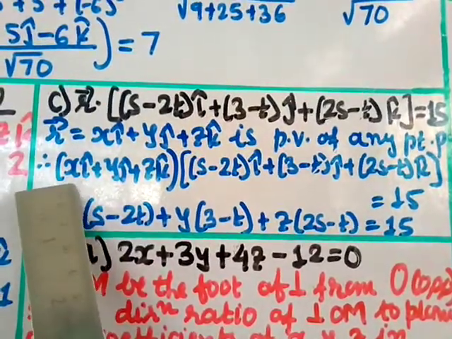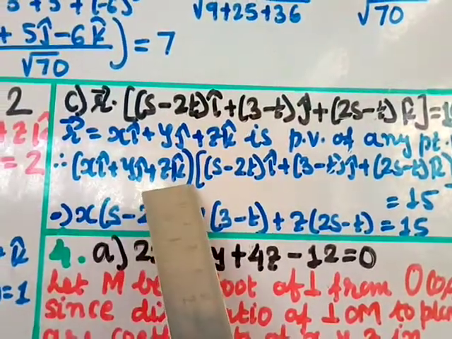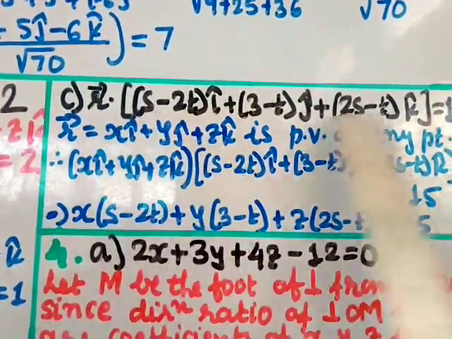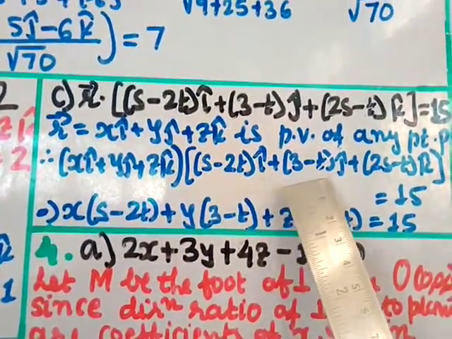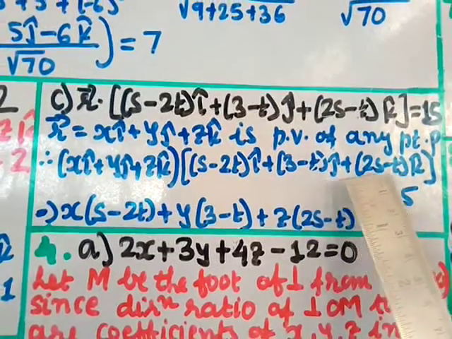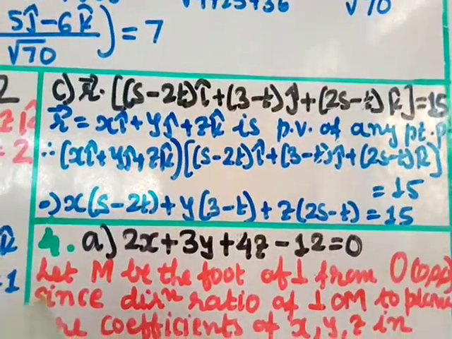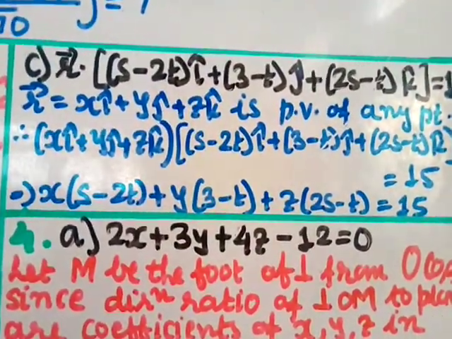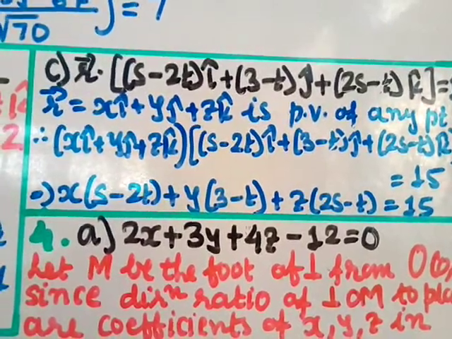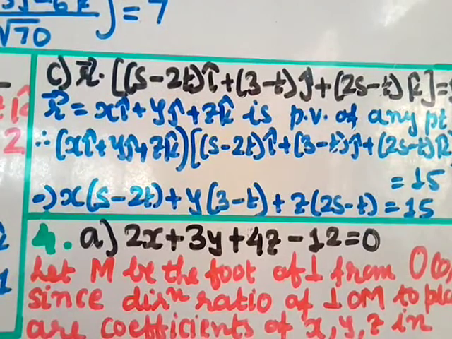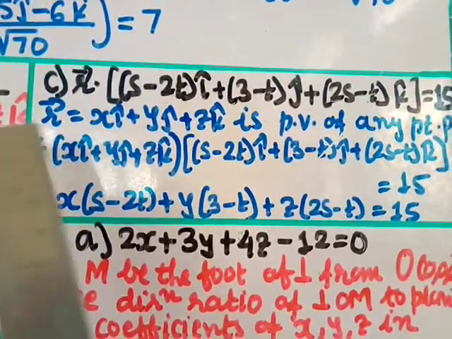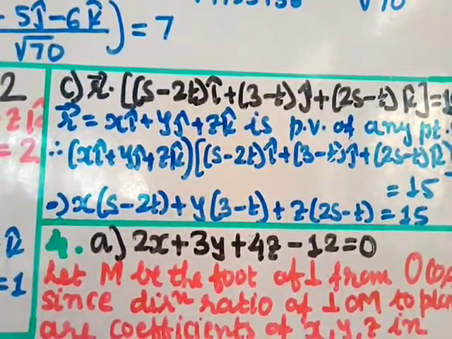So I put here x i cap plus y j cap plus z k cap dot this value as it is, (s minus 2t) i cap plus (3 minus t) j cap plus (2s minus t) k cap equal to 15. Now in the same way we do the dot product, i dot i is 1, j dot j is 1, k dot k is 1, and i with j and k will be 0. So that means we have to do only i, j, and k.